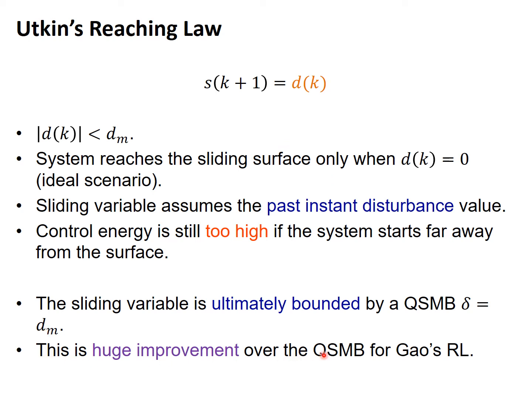So this is a huge improvement from the Gao reaching law, because Gao reaching law was 2 dm plus kt. So it was twice the disturbance value plus some additional baggage. Here it is simply dm. So by moving from switching reaching law to non-switching reaching law, the robustness improves drastically, though there is no switching action in the system.